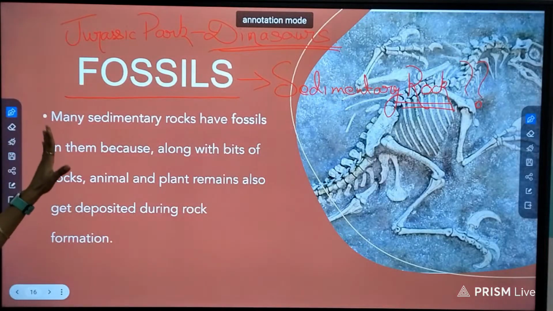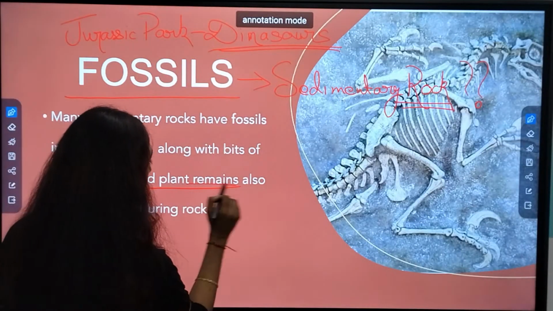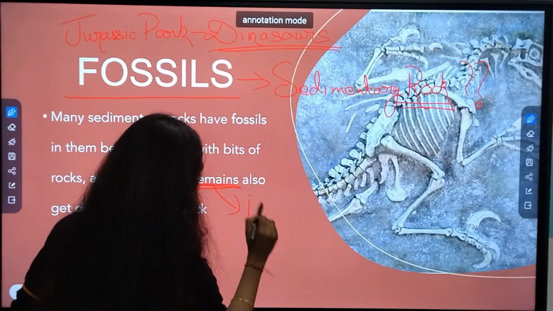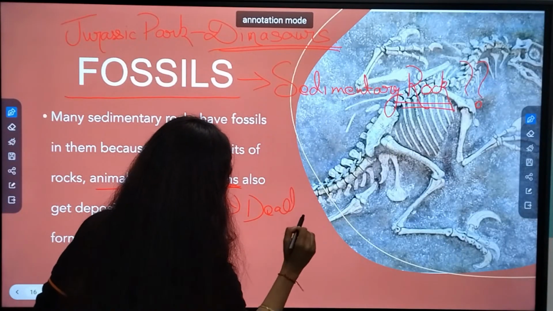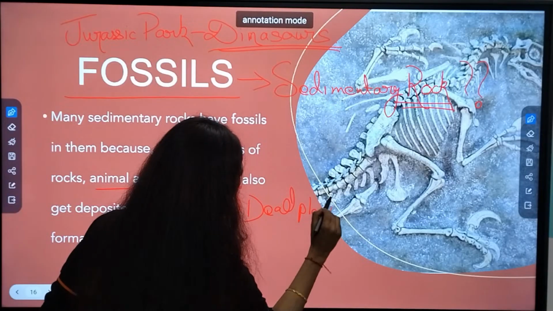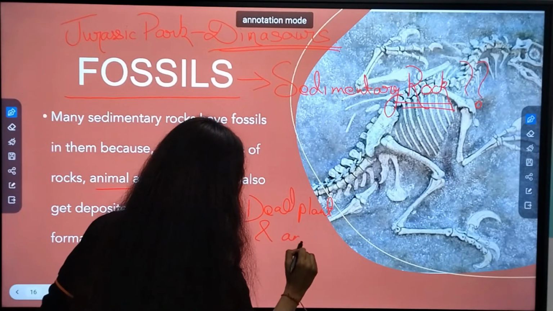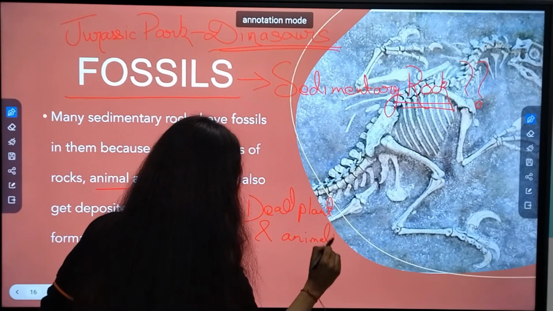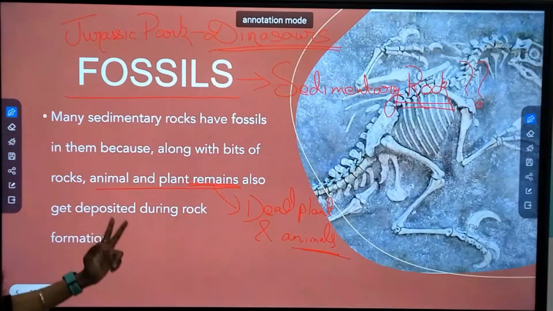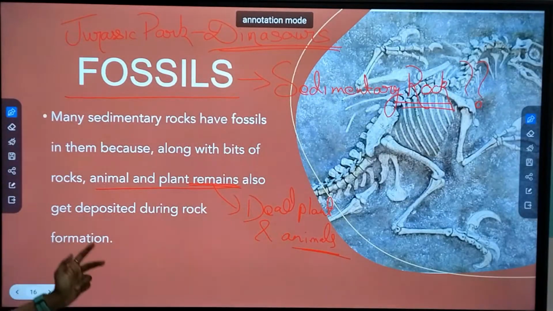Now see, many sedimentary rocks have fossils in them because along with bits of rock, animal and plant remains get deposited during rock formation.